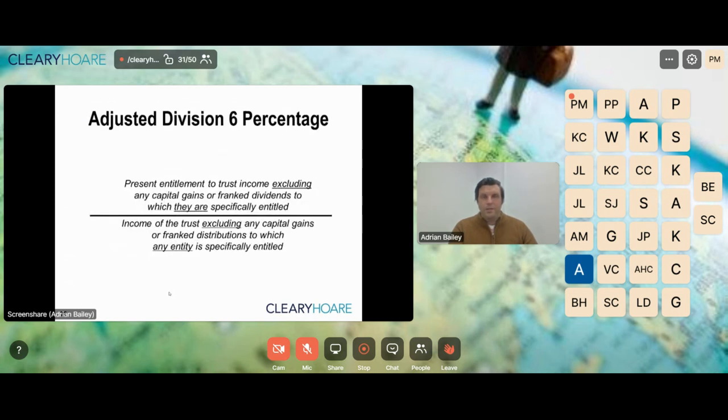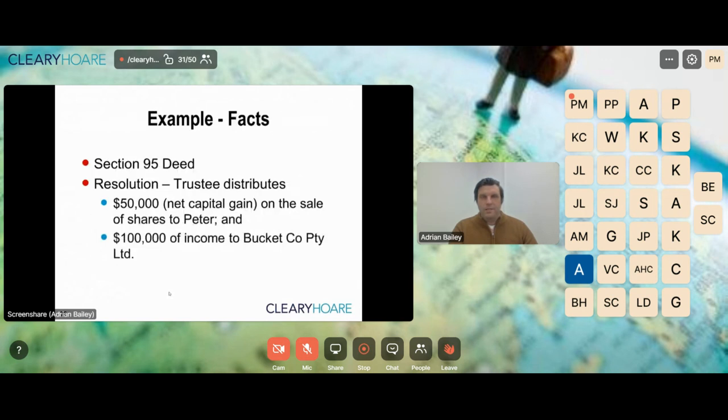Adjusted division 6 percentage is our present entitlement to trust income excluding any capital gains or franked dividends to which they are specifically entitled, over income of the trust excluding any capital gains or franked distributions to which any entity is specifically entitled. A formula-based approach is probably easiest to go through via an example to show how it would work with our adjusted division 6 percentage. But generally speaking, if we get it wrong and we're looking to stream, there will be some unintended nasty tax consequences.